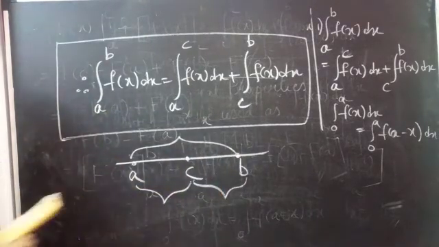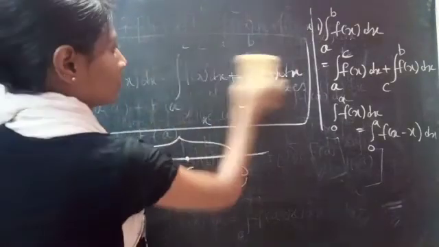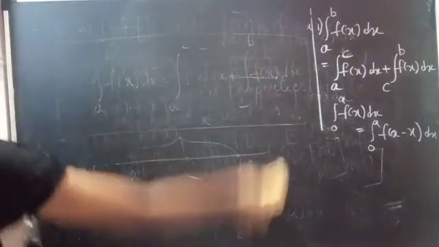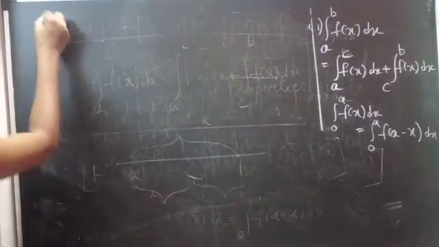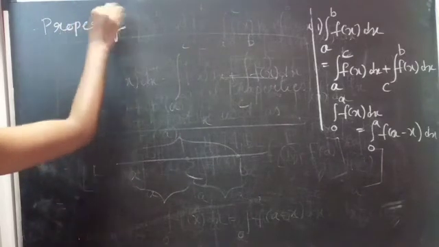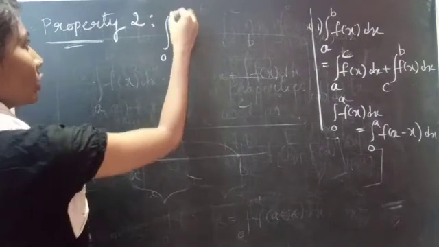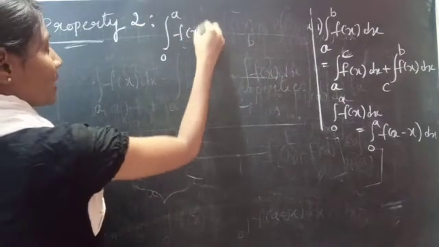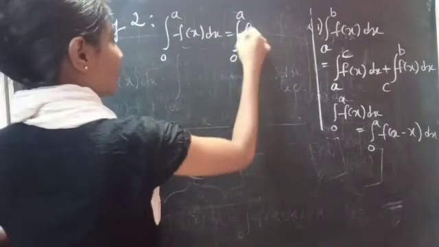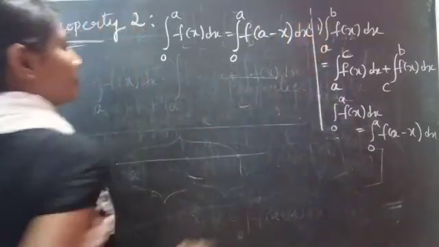Next, coming to the second property. What is the second property? Property 2. You have to prove that integral 0 to a f of x dx is equal to integral 0 to a f of (a minus x) dx.